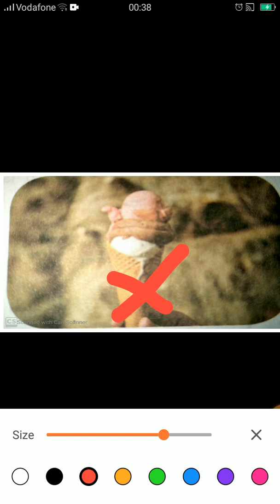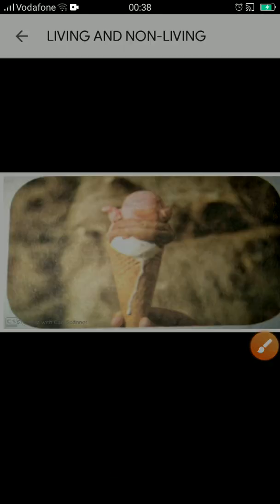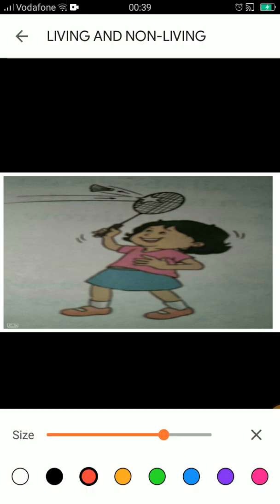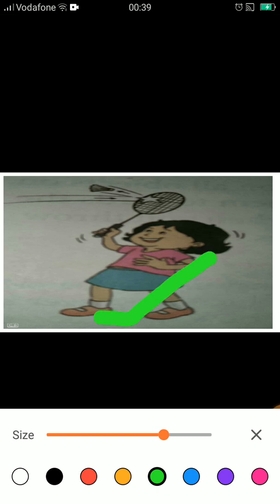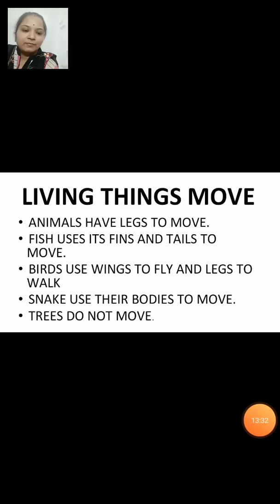Right, that's a non-living thing. Have a look at the next. So, this is what? This is a non-living thing. Now, what about this? Right, this is a living thing. So, the first thing about living things is living things move.